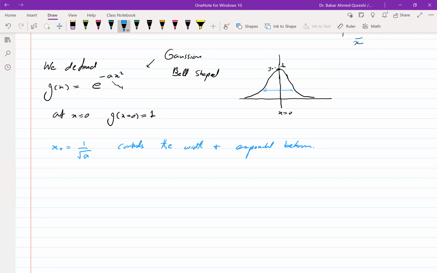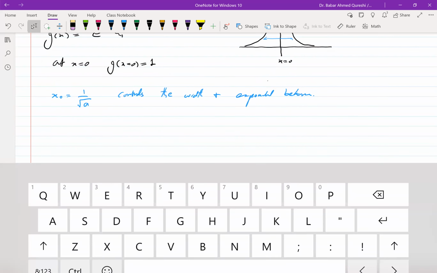And whenever you have an exponential, things change very quickly. Exponential growth is a very, very fast growth. But over here, it's an inverse power of the exponent, so it's a decrease, an exponential decrease, a very fast decrease.